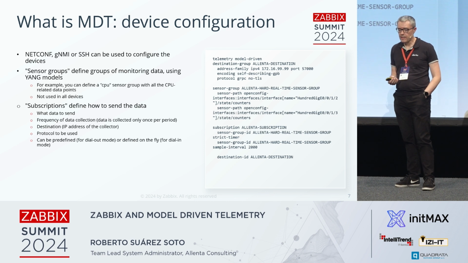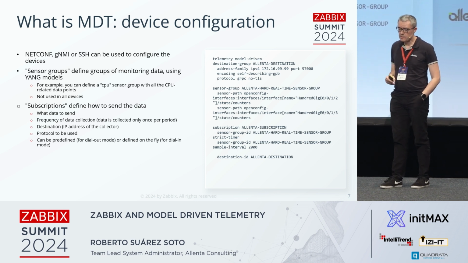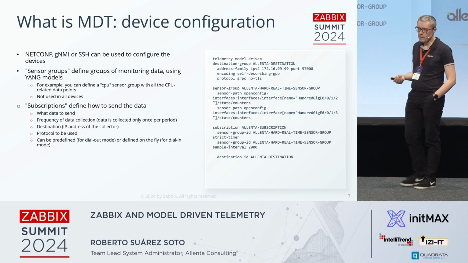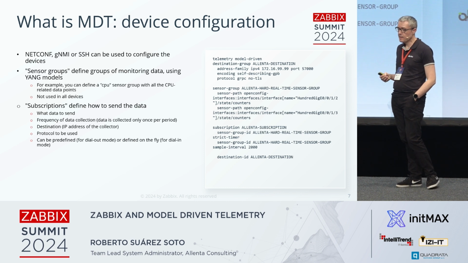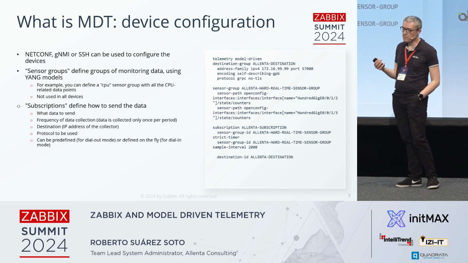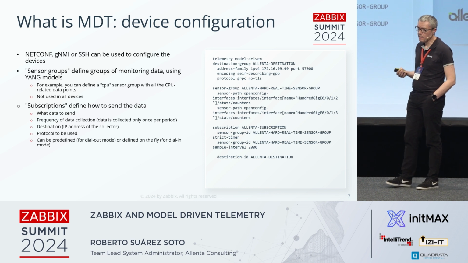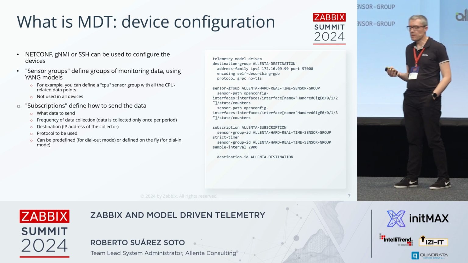You have to say how often you need it. You can say you want it every 60 seconds, every minute, every 2 minutes, every 1 hour. You have to tell it where to send the data, where is your monitoring application, and how. And how can be, again, raw TCP, gRPC, or some other options.